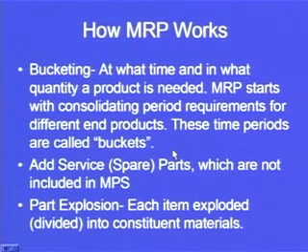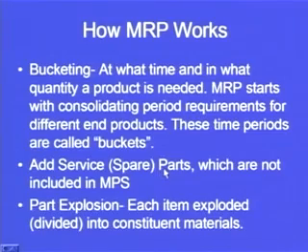Now, MPS tells us that this much number of product has to be produced by such and such week. If you remember, in today's lecture we have seen one diagram showing the requirement in this week, which was the master production schedule slide. Here, if certain spare parts are not shown in the MPS, they will be added here.